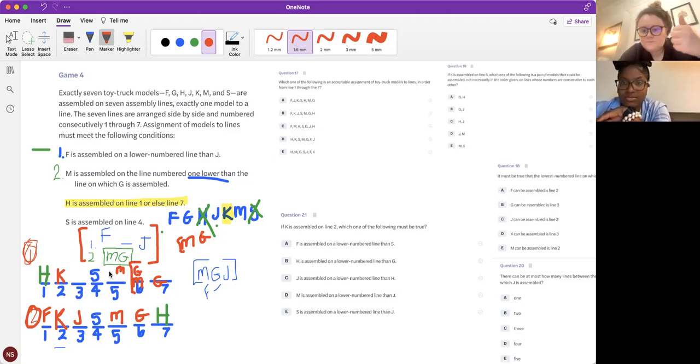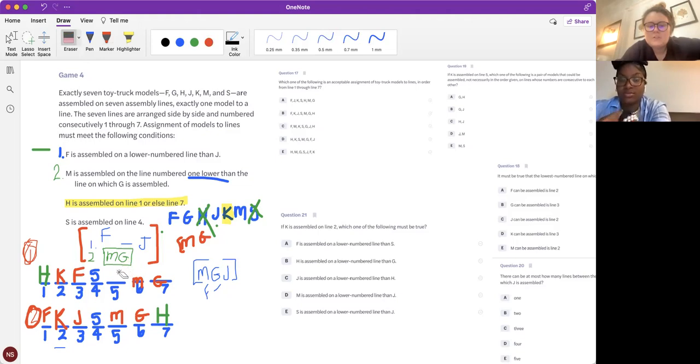F and J. Who has to go in third then? F. Yes. So do you see that? While we don't know specifically where M and G go, we do know that it's going to be M and G next to each other, and then the other one's just going to be J.